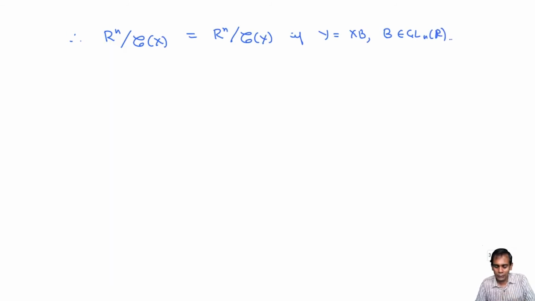So this is one side of the notion of equivalence, that Y is X times B. What about the other side?